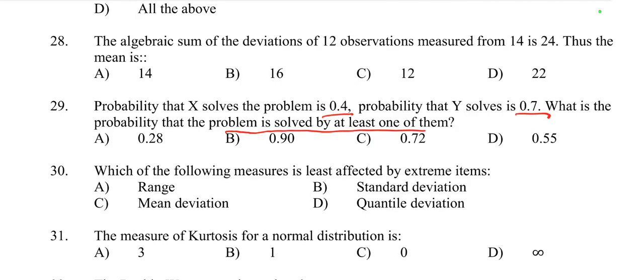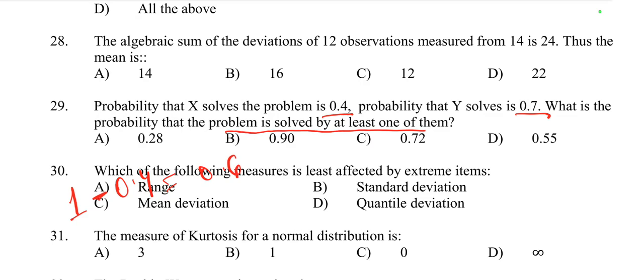First calculate the probability that x doesn't solve the problem. Total is 1, so 1 minus 0.4 is equal to 0.6.